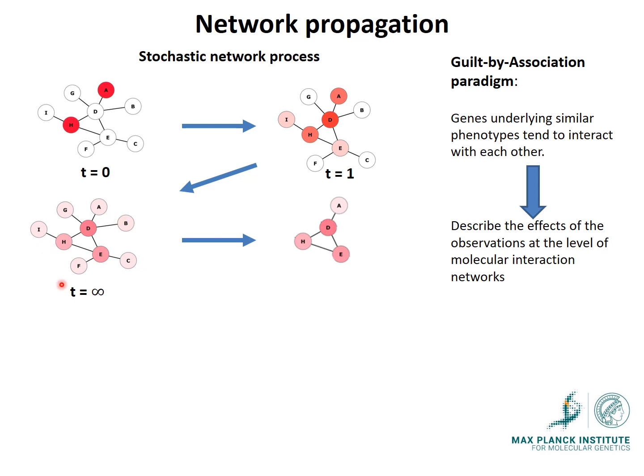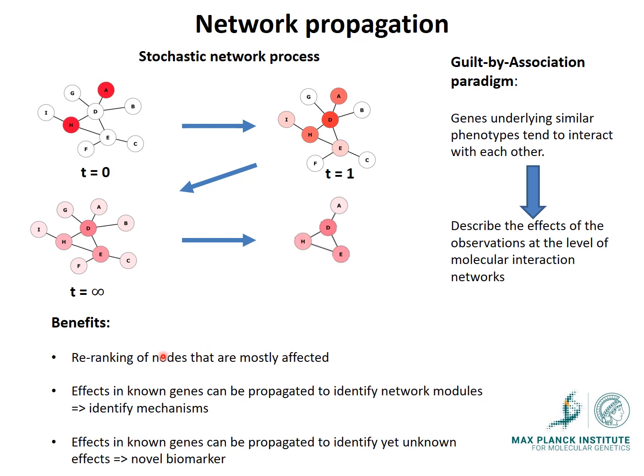And from this convergence state, basically derive the subgraphs, we call them network modules, where most of the weights have been assigned to.